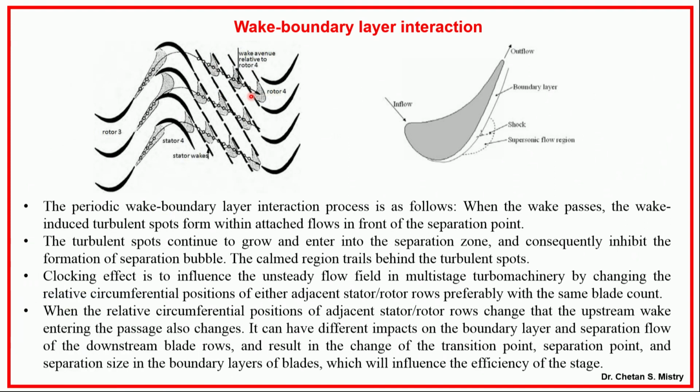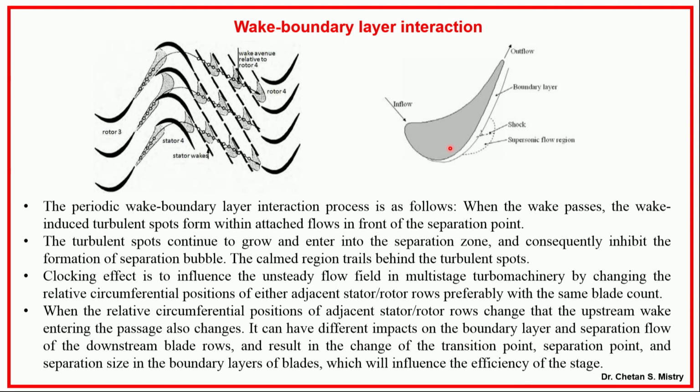Now, wake boundary layer interaction, as I told, is striking on my stator blade. Locally, it will give acceleration of flow in this particular region. Locally I will have a shock formed in that region.